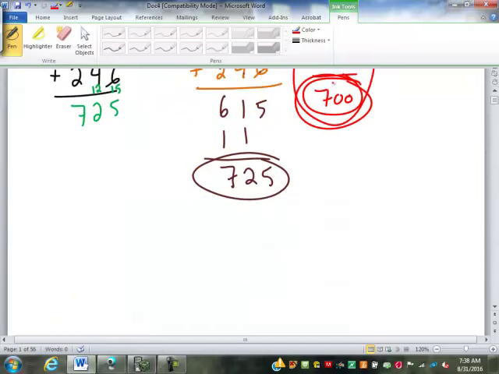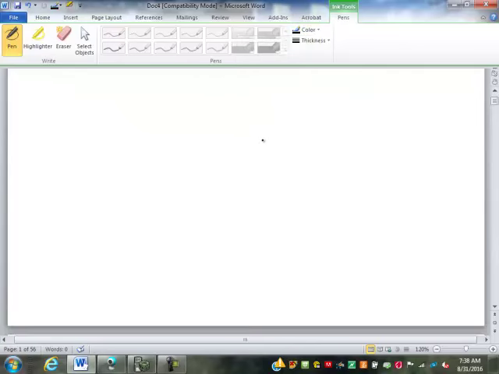Let's look at subtraction. Let's do something like 574 minus 243.